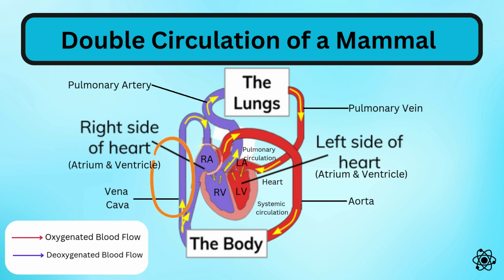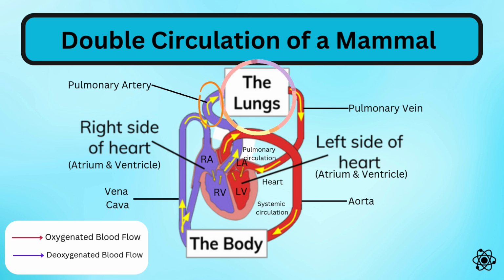Deoxygenated blood enters the right atrium, labeled as RA on the diagram, via the vena cava. Then it moves into the right ventricle next. The deoxygenated blood is pumped by the right ventricle to the lungs to become oxygenated.